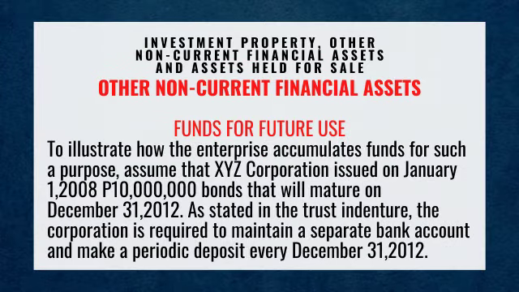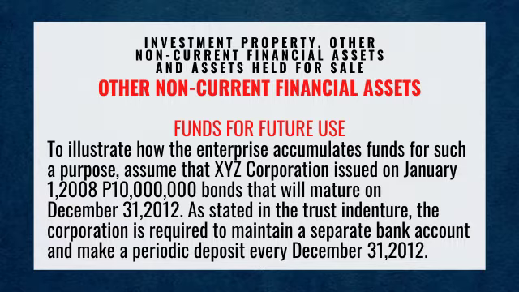To illustrate how the enterprise accumulates funds for such a purpose, assume that XYZ Corporation issued on January 1st, 2008, 10 million bonds that will mature on December 31st, 2012.